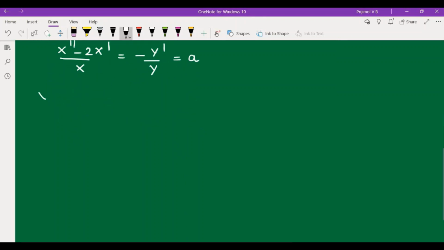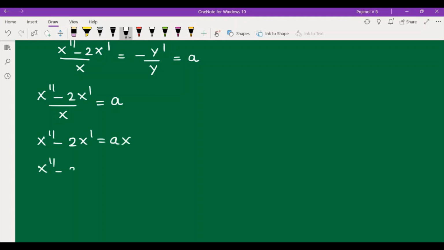Now let us solve this one by one, considering each ratio. So I am considering X double dash minus 2X dash by X equal to a. Let us solve this. So X double dash minus 2X dash equal to aX, that is, X double dash minus 2X dash minus aX equal to 0.